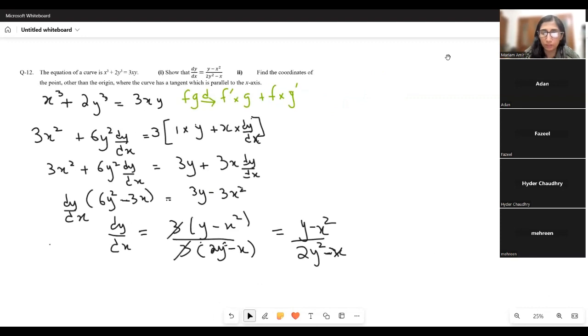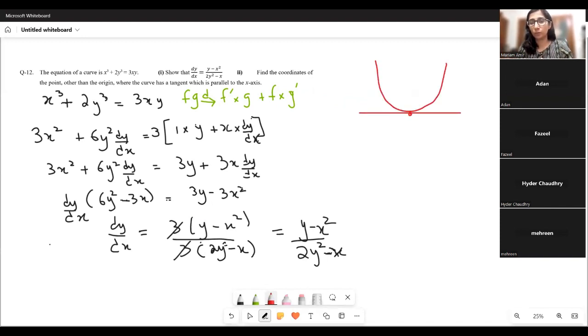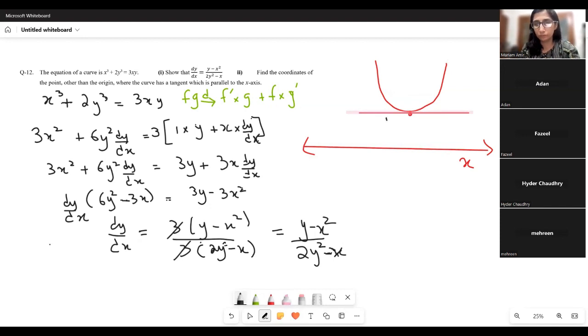So if a curve has a tangent which is parallel to the x-axis, let me just draw a random curve which will have a tangent at a point which is going to be parallel to the x-axis. So if that's the case, that means dy over dx is going to be equal to 0. If a tangent is parallel to the x-axis, that means it's a flat line, that means its slope is 0, that means dy over dx is 0.